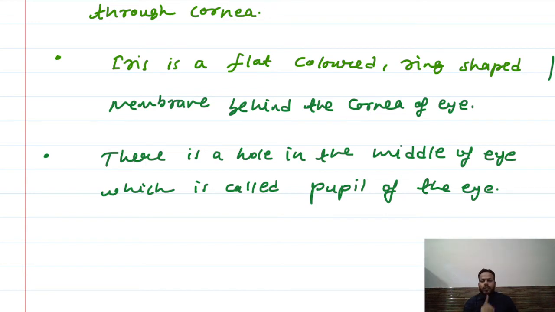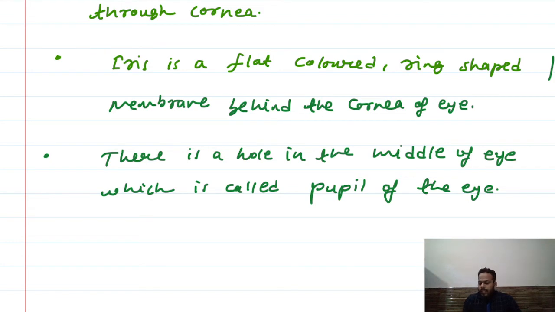ठीक है. So the first part, the front part, is the cornea, through which the light ray enters our eye. Just behind the cornea is the iris, which is a flat, colored, ring shaped membrane present behind the cornea, and there is a hole in the middle of the iris which is called the pupil of the eye.